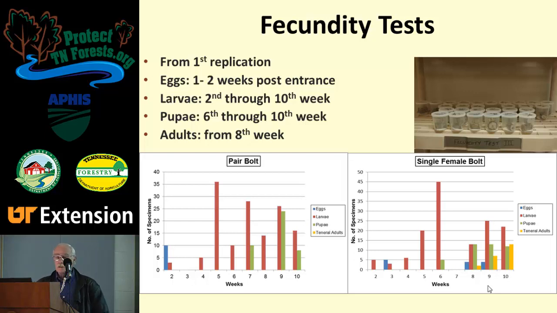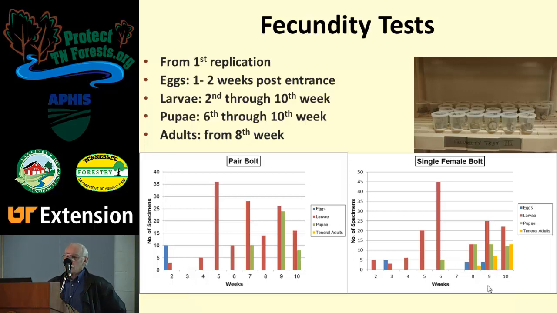So we began to isolate one female and one paired group in a container with a small boat, and we could follow these over a period of time. Well, again, we missed our mark. We underestimated. I thought for sure, based on other biological data for other bark beetles, that 6 or 8 weeks would be sufficient. But we ran ours for 10 weeks.